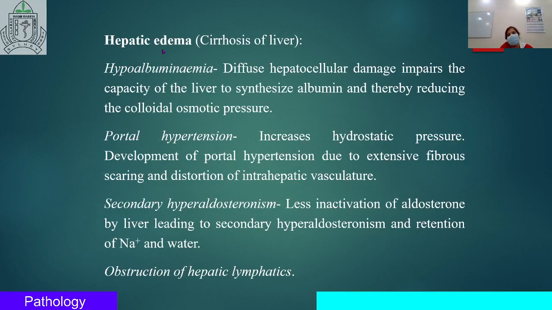Another important point is hepatic edema, which is also important for your viva and written exam. Hepatic edema may occur in cirrhosis of liver or any cause. We know that there are four or five mechanisms of edema, the pathophysiological classification of edema. First is increased hydrostatic pressure. In case of hepatic edema, if there is portal hypertension, there is increased hydrostatic pressure.